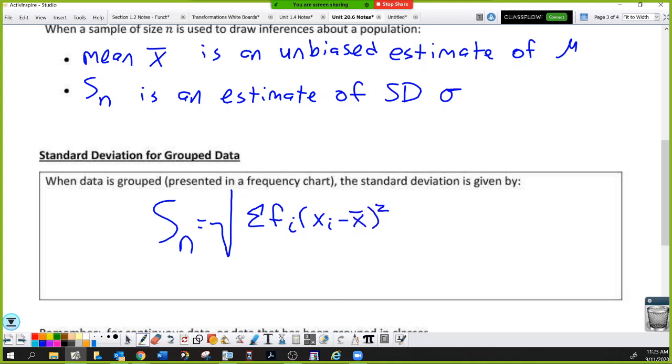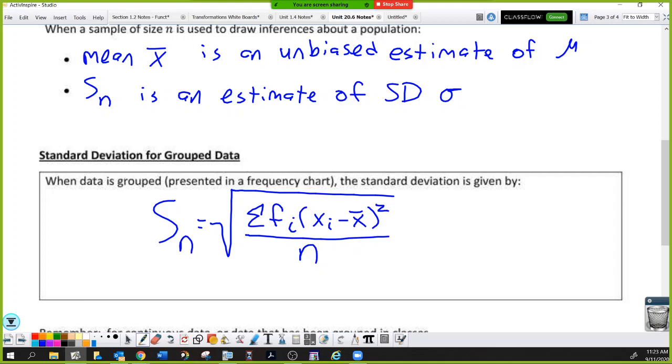And then you add all those up. Basically, remember when we were trying to find information about grouped data, we made a frequency product column, and we multiplied the frequency by the value of the data, and at the end we added up all of those products. This is the same idea, and then you divide it by the number of things. And the good news is, like I said, you're not going to be doing this by hand.